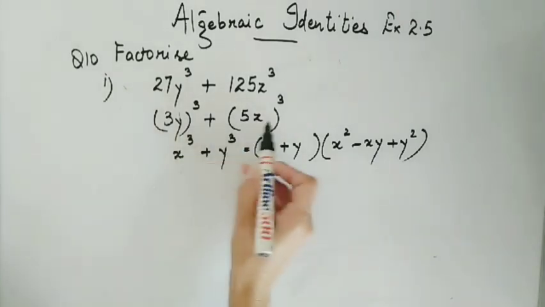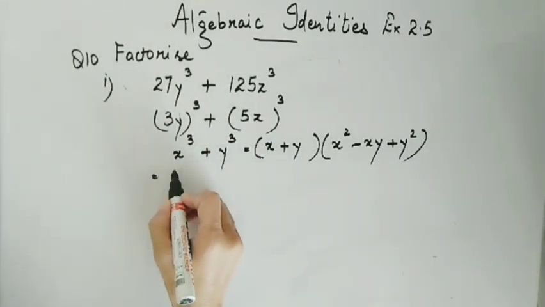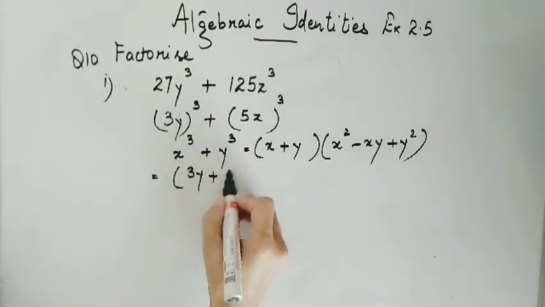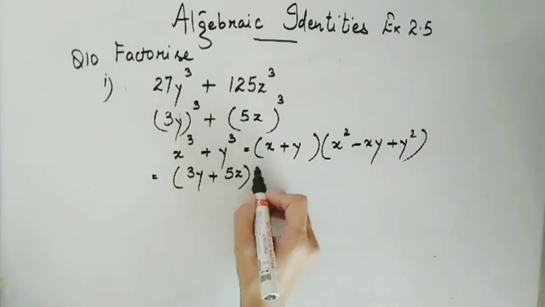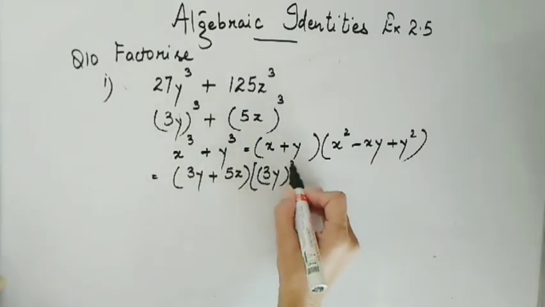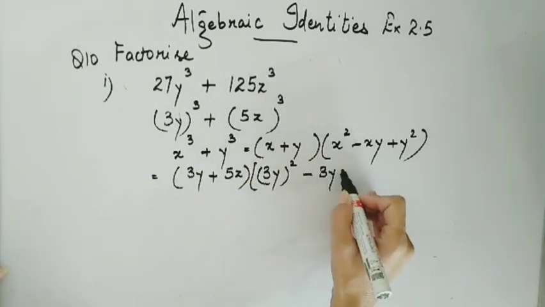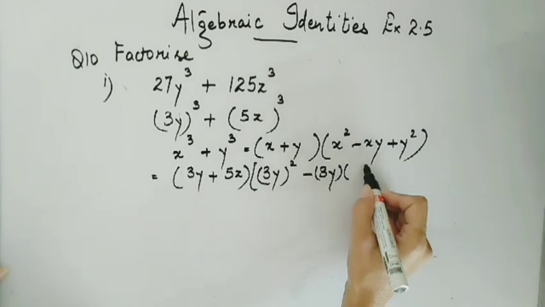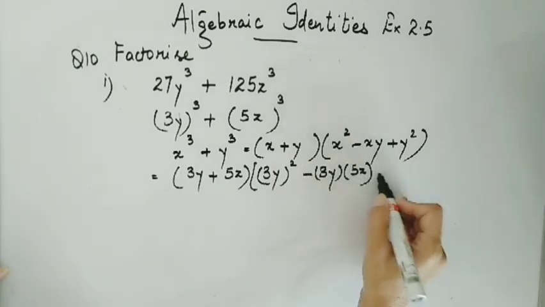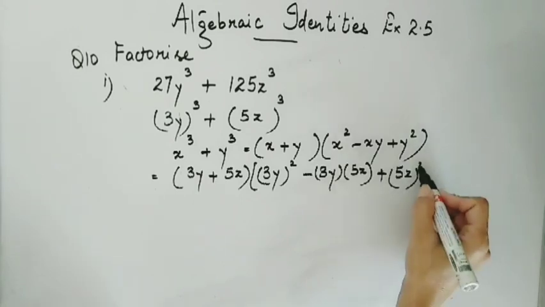Let us put this in factor form. So that formation would be, our first factor will be 3y plus 5z. Second factor would be 3y whole square minus xy, meaning product of 3y and 5z, and then comes square of second term.